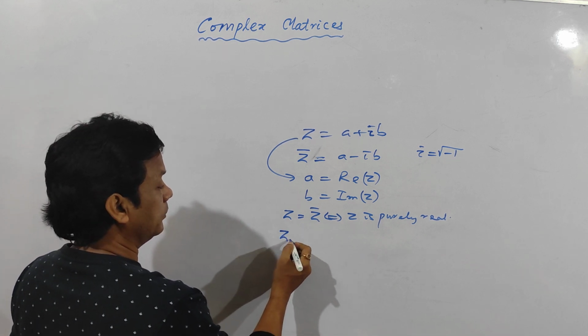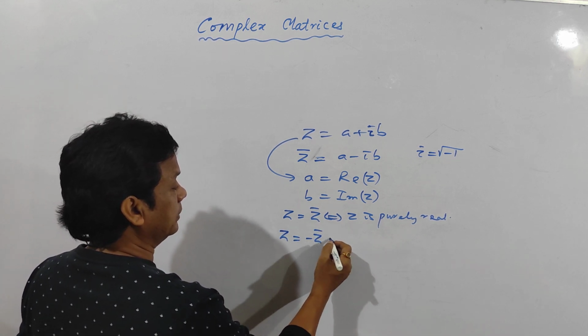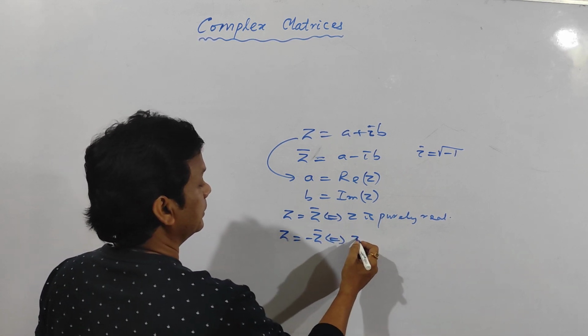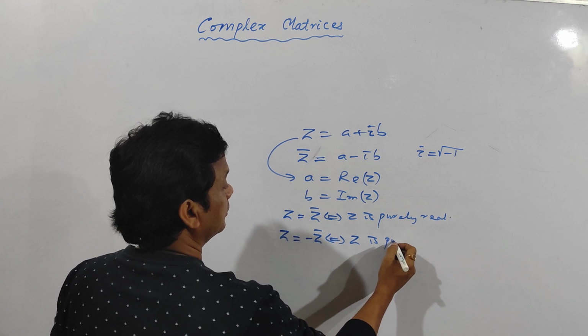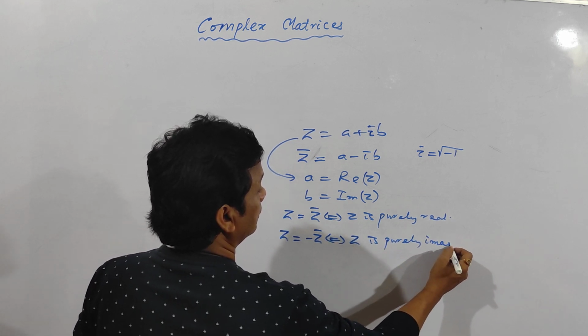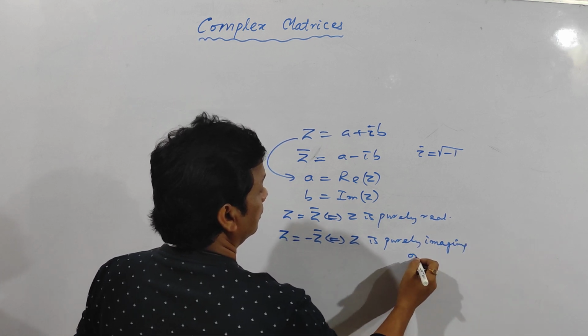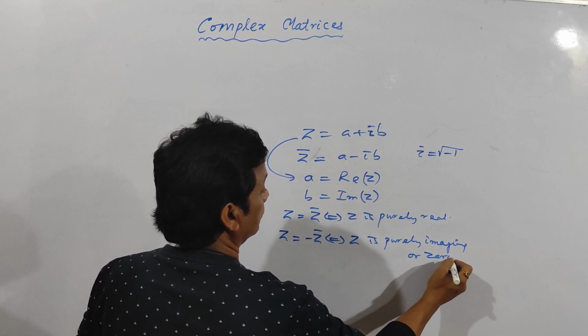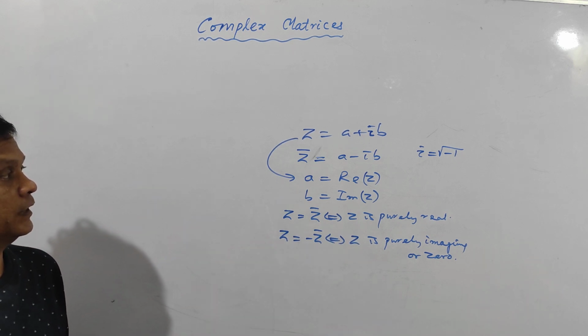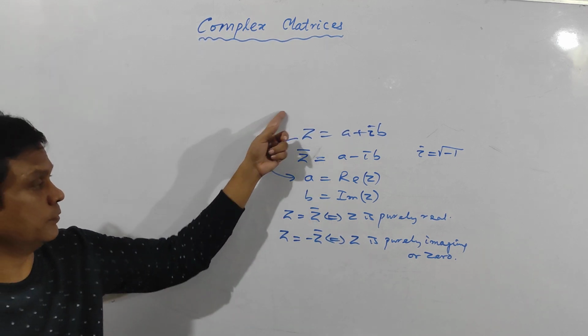Again, under what condition Z is equal to minus Z bar? If Z is purely imaginary or 0, then Z is equal to minus Z bar. Clear? So you should remember these things.